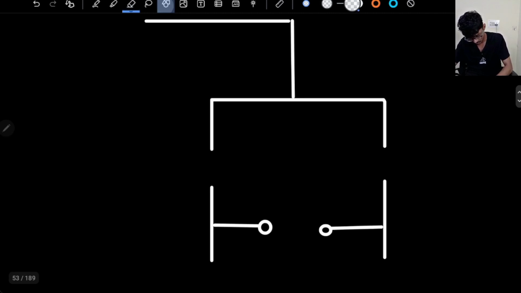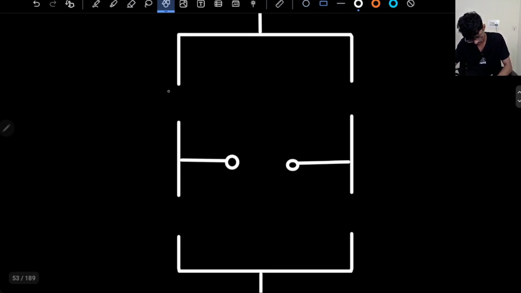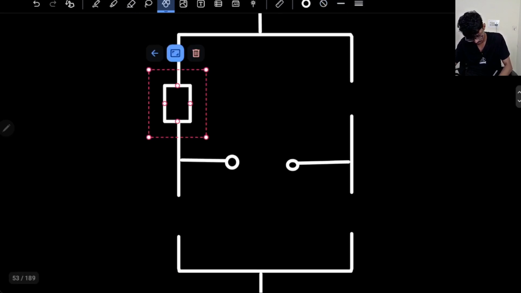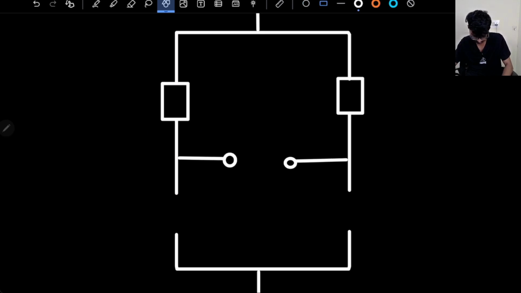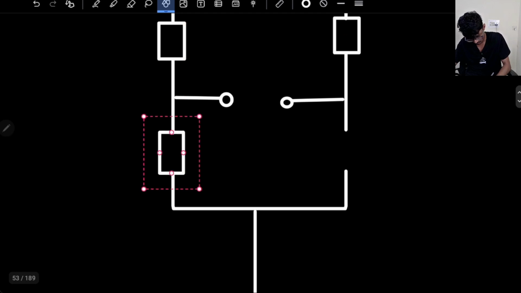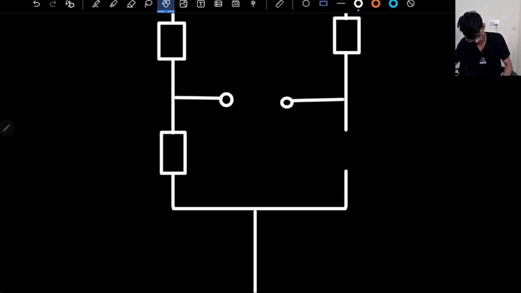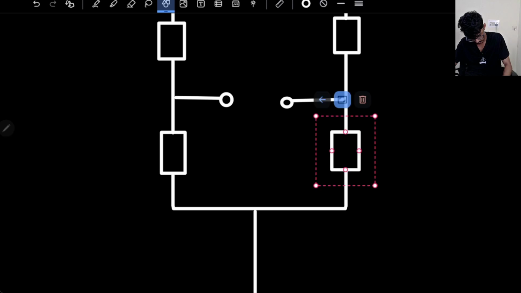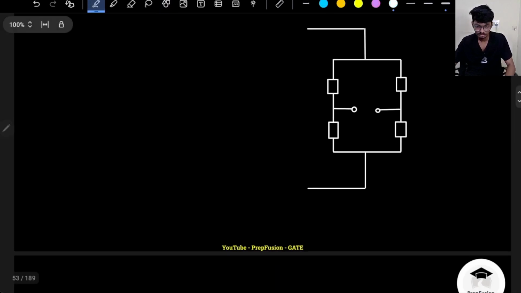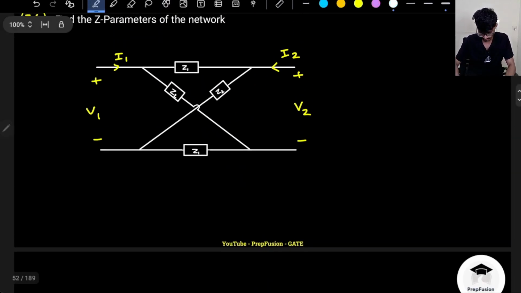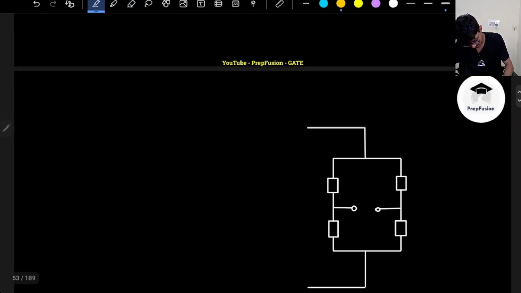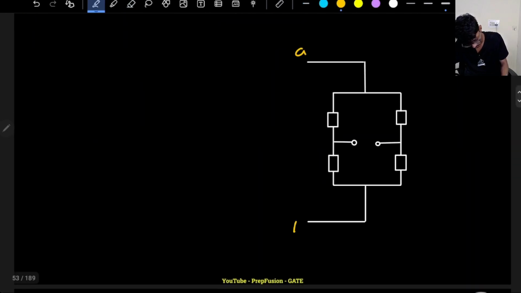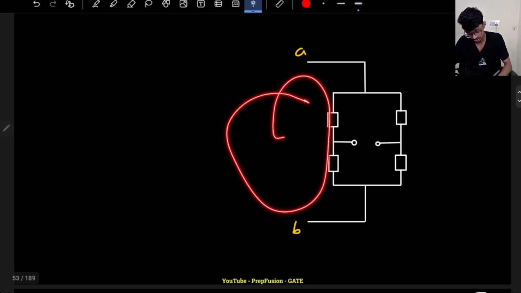Basically, all of these points can be converted into a bridge network. Let's name the points A, B, C, D. The outer points are my port points. This is the point of A and B, so V1 is getting applied here. This is the place where V1 is getting applied.